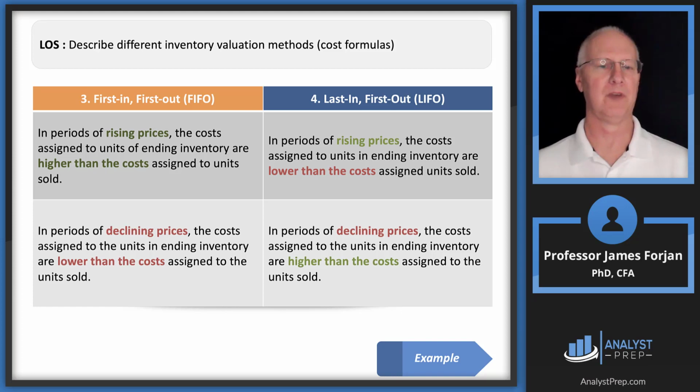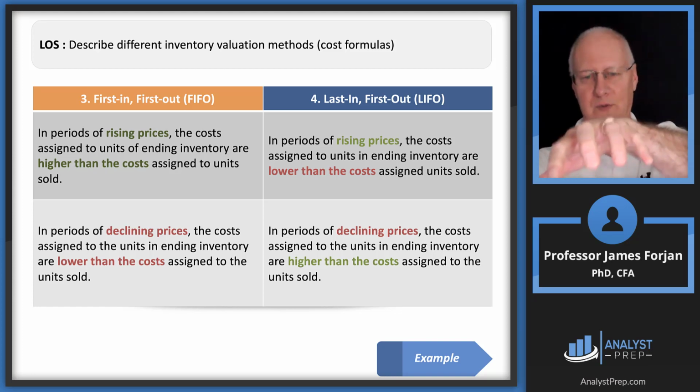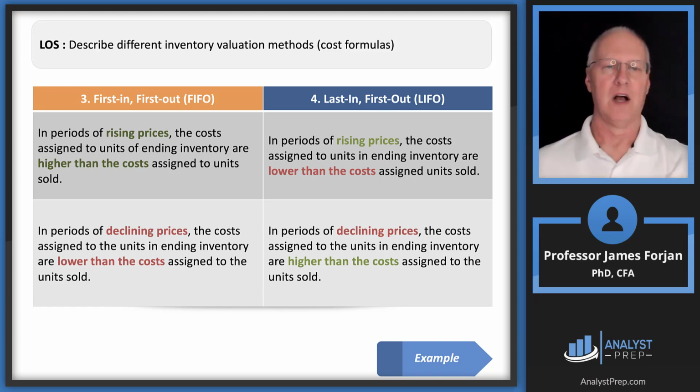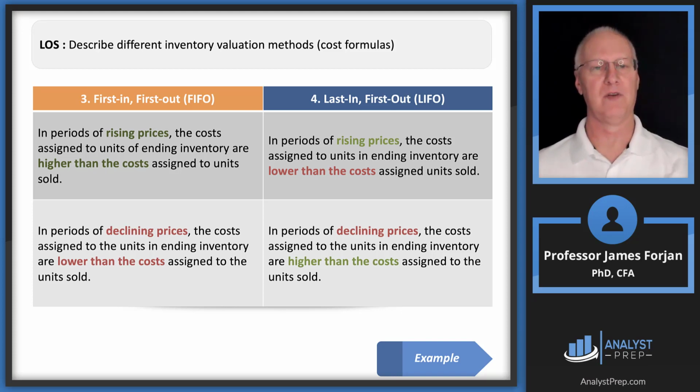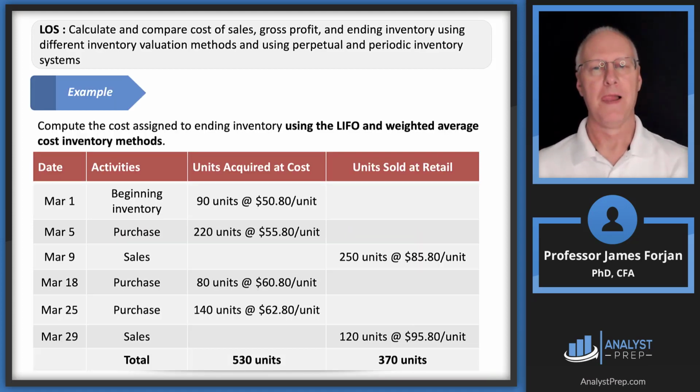And then in periods of declining prices, you guys know I love to do this, we're just going to turn it on its head. Under FIFO, the costs assigned to units in ending inventory are lower than the costs assigned to the units sold. So let's go ahead and take a deep breath and look at an example. It'll take us a while to get through this example.